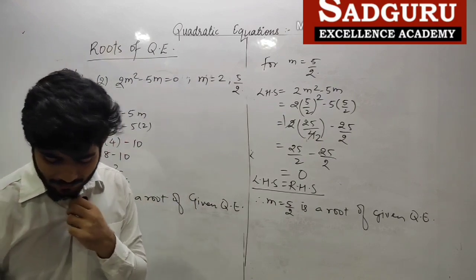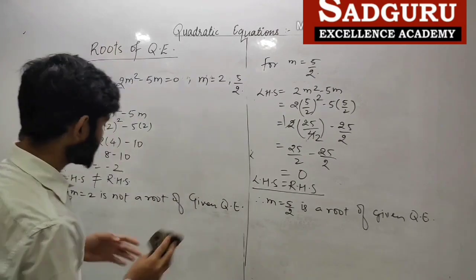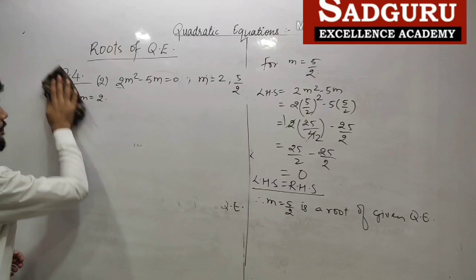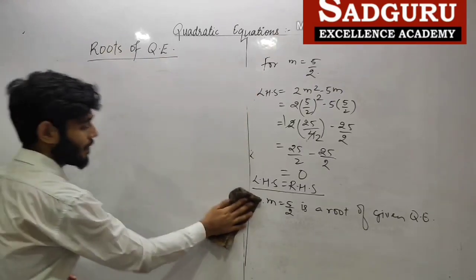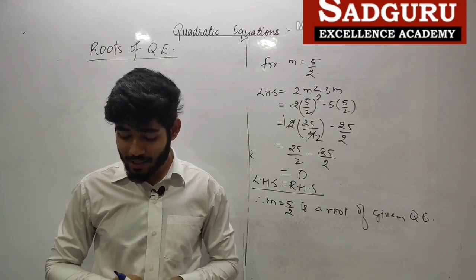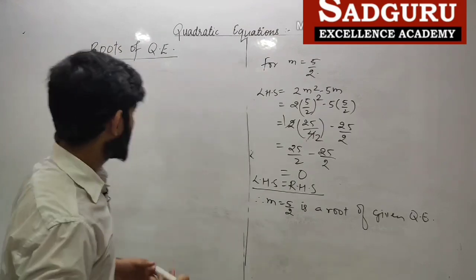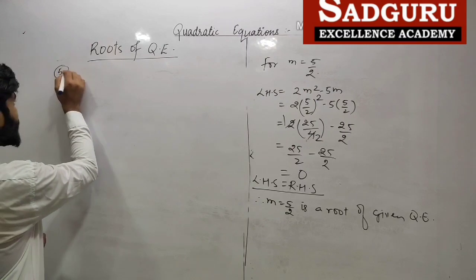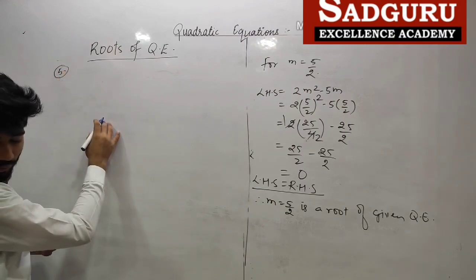Now in question number 5, if you see, the question is find k if x equals 3 is a root of the equation. So we have an equation given there. What is the equation?